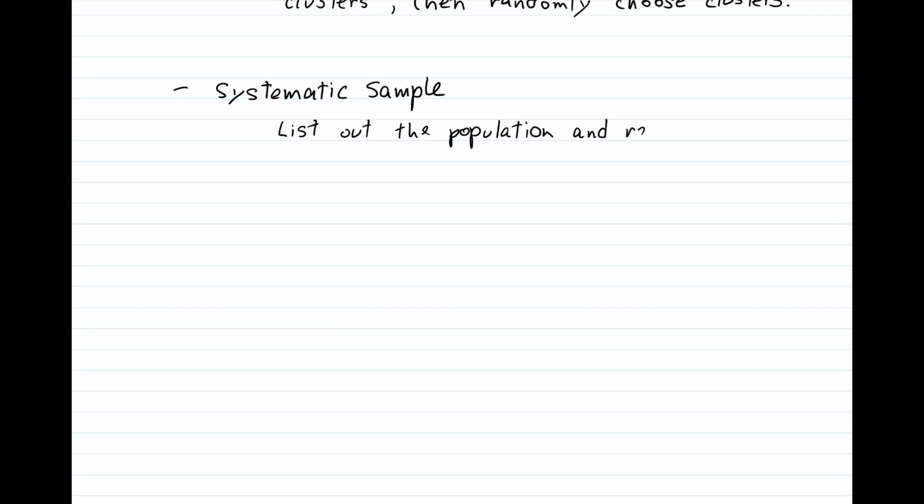And randomly pick a starting point. Okay. And then you have to pick every so often on the list, right?